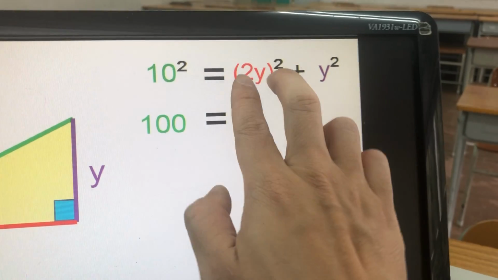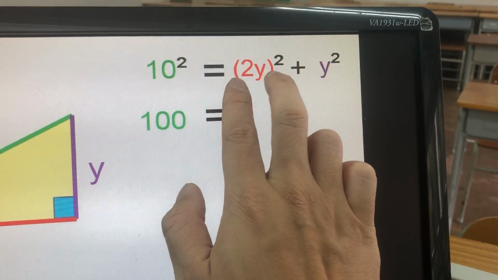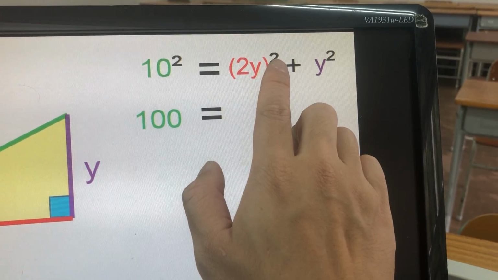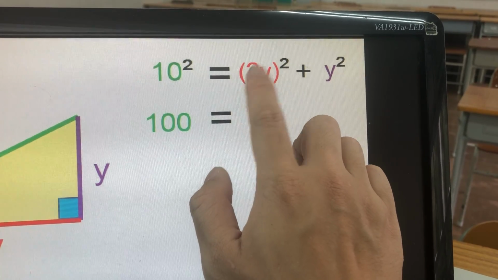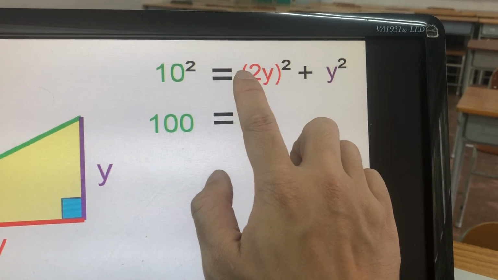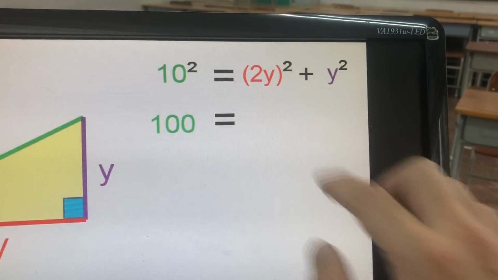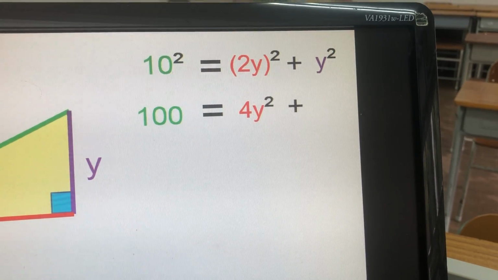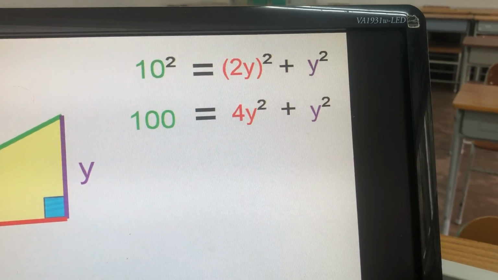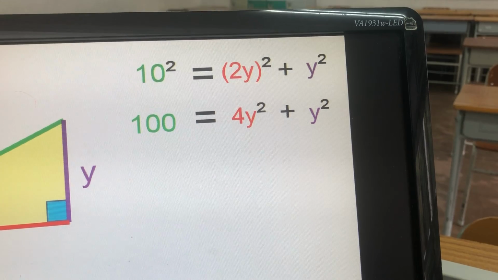100 equals to, are you able to open this bracket? After you open the bracket, what to do with the square 2? Everyone has the power 2, so it becomes 2 to the power 2, y to the power 2. 2 to the power 2 means 2 times 2 becomes 4. So it should become 4y squared and y squared. Alright?